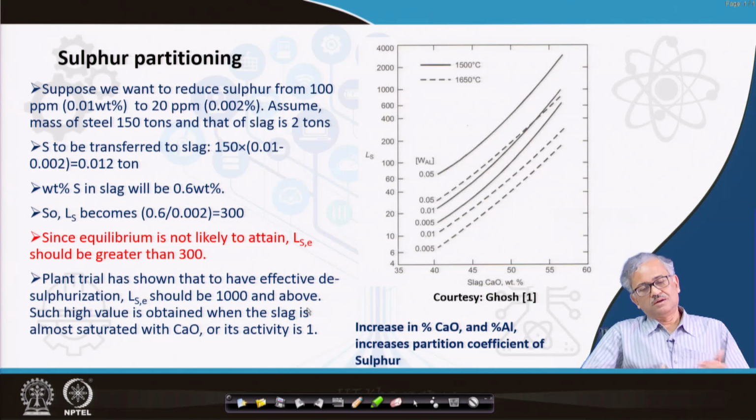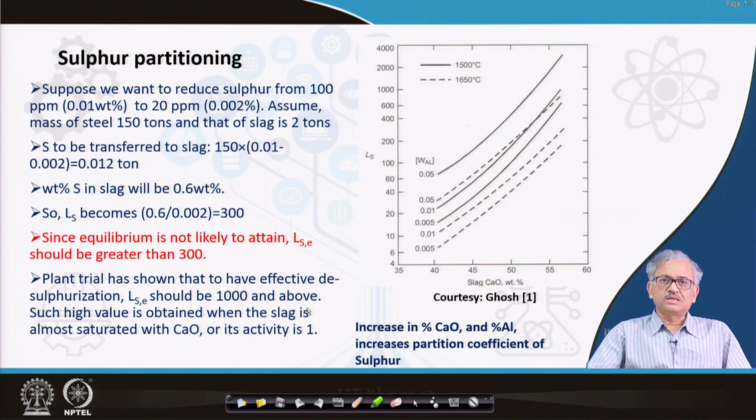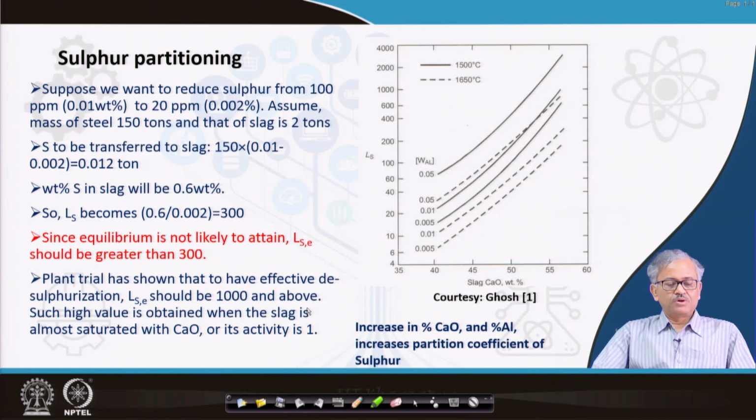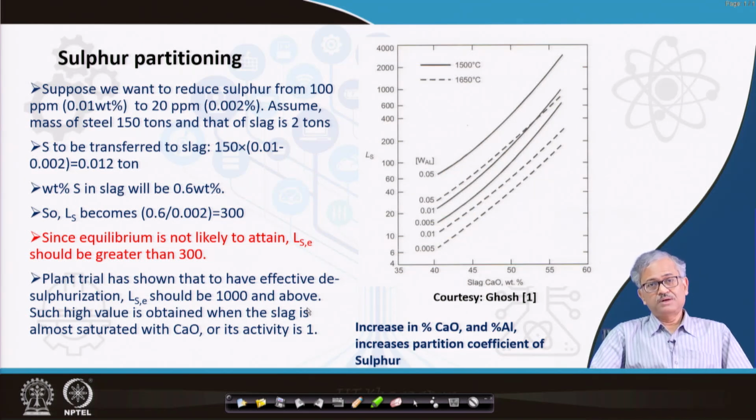Then only you can attain the actual partition coefficient of 300, that is the weight percent of sulfur in the slag to that in the metal under industrial condition, not under equilibrium condition. So if you want to attain 300, then the equilibrium partition coefficient has to be high because the process does not attain equilibrium.